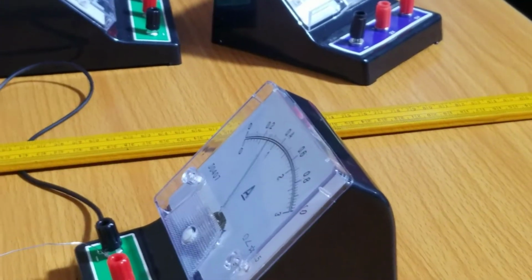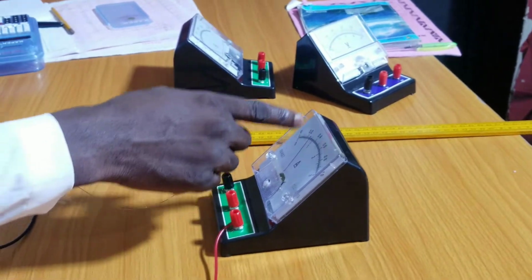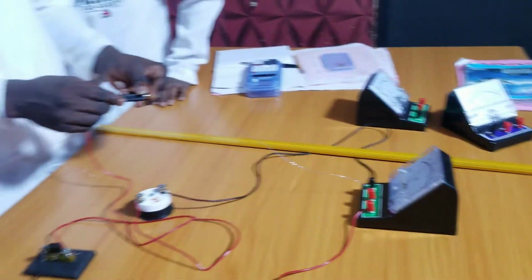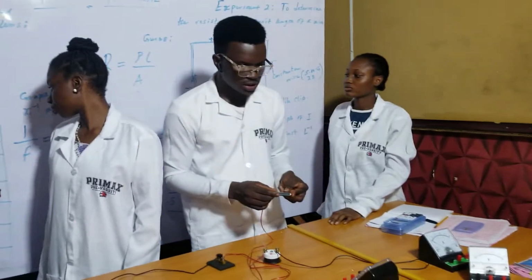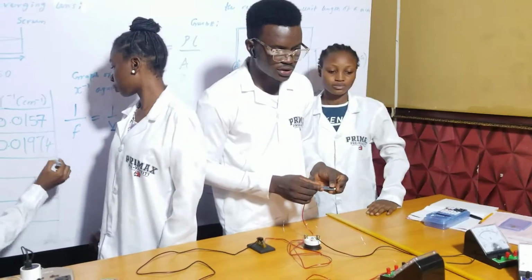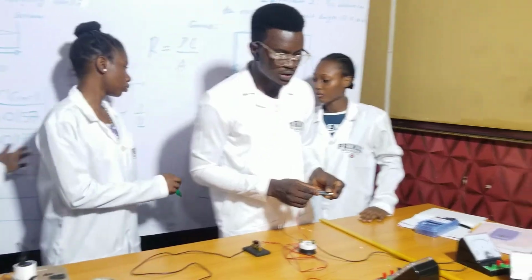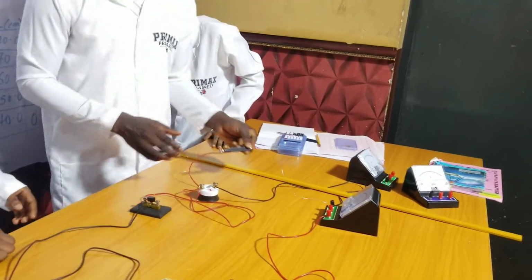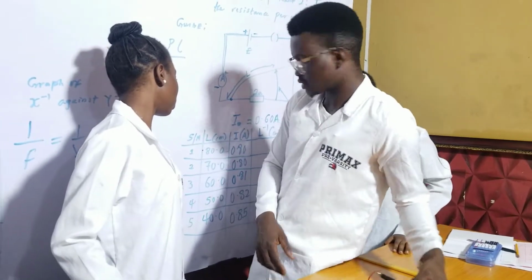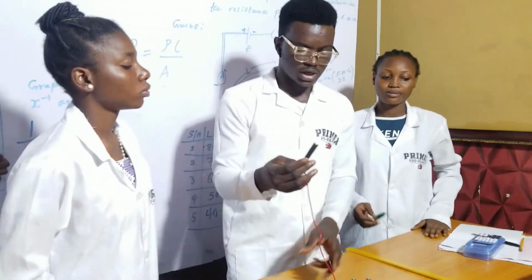Look at it. It's even like 0.8 in between 0.85 or 4. You understand that? So check the reading very well. Can you see it's in between 0.8, that's 0.85. You understand? Not 0.9. So that's what we have.